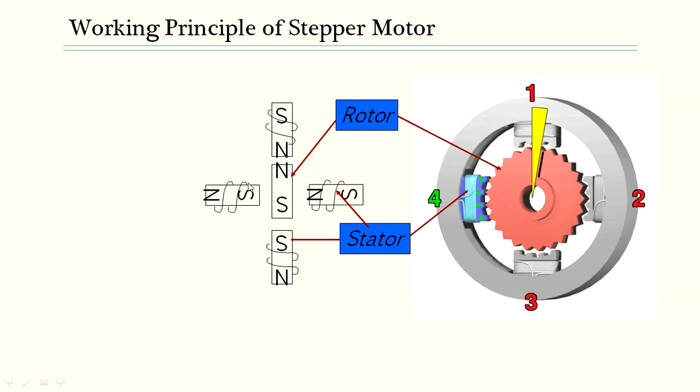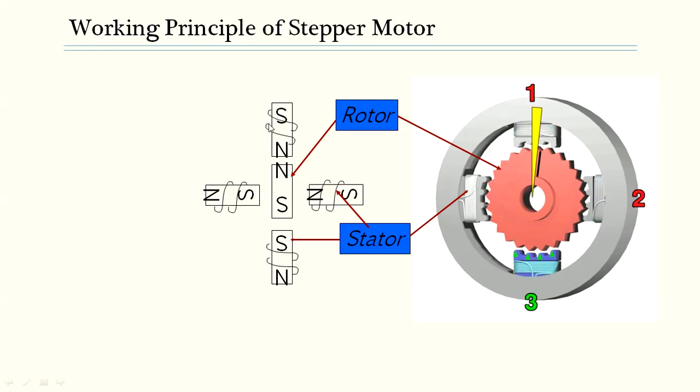Let's assume all the coils are connected to ground, while the other ends have the inputs, say A, B, C and D. The moment you apply a value of 1 to this particular coil, there is a flow of current, while for the other coils B, C and D, no current flows.